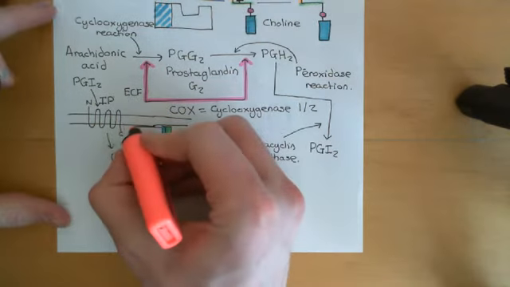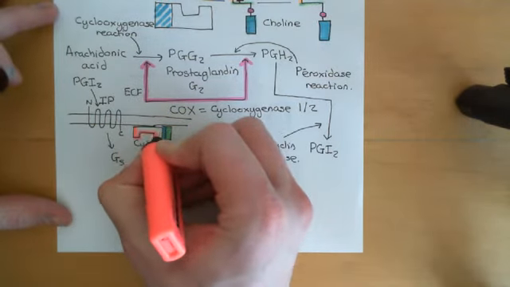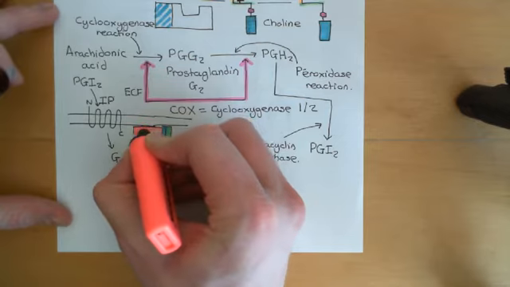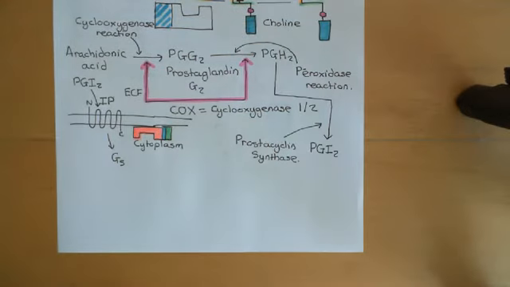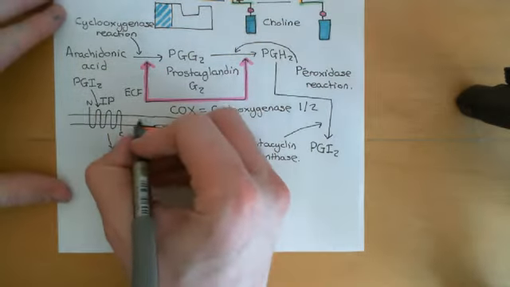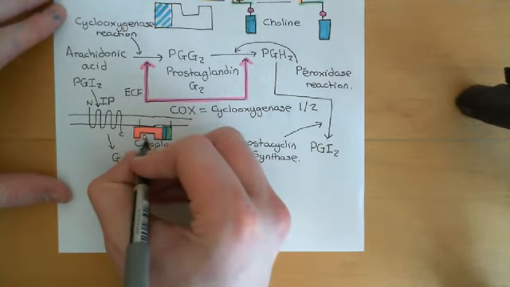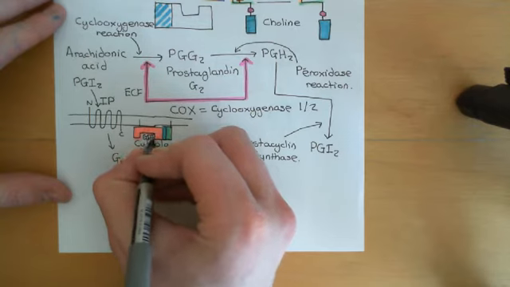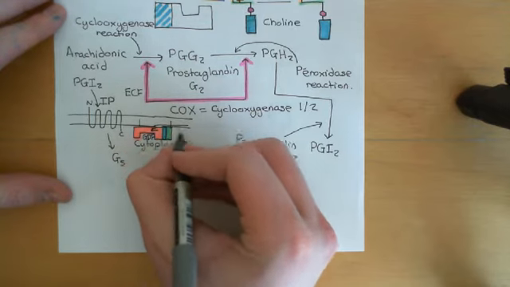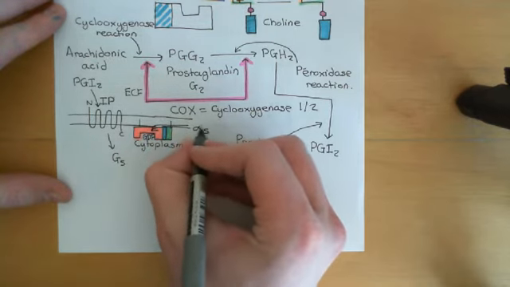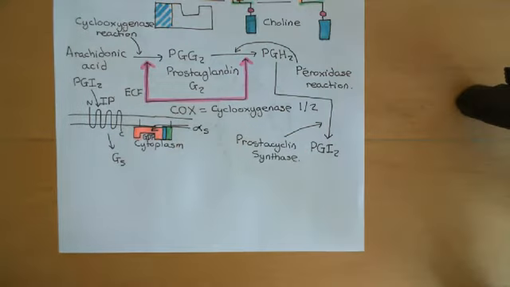And now we have the alpha subunit here, which is currently in the off state, and we can tell that it's in the off state because at the moment it's bound to the beta and the gamma subunits. Okay, and here are those lipid molecules off the alpha subunit and the gamma subunit. So here is the guanosine diphosphate, and this alpha subunit is specifically going to be the alpha S subunit now. Okay, and then that's why the entire heterotrimeric G protein is then called a GS heterotrimeric G protein.